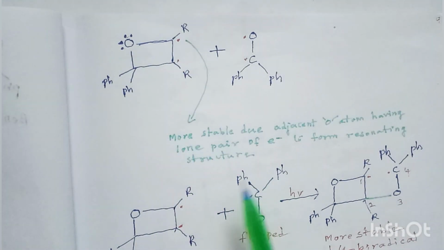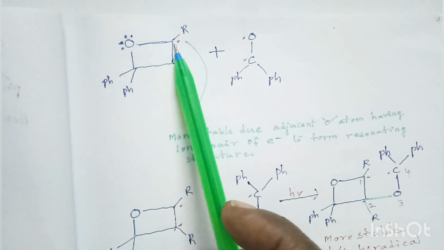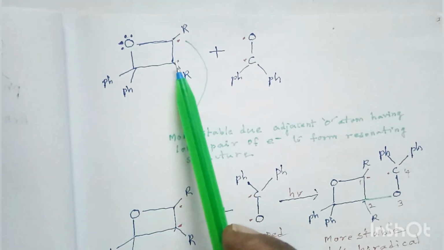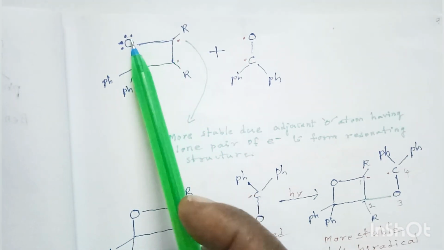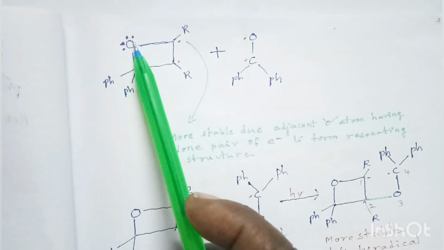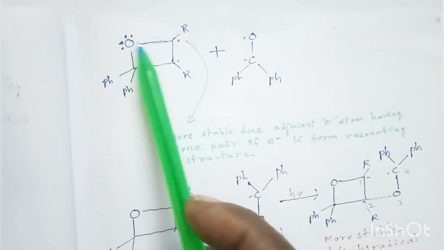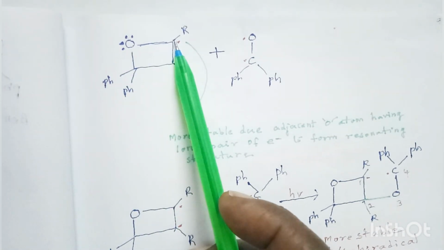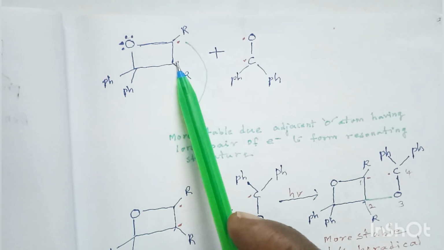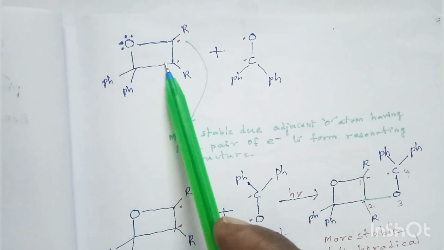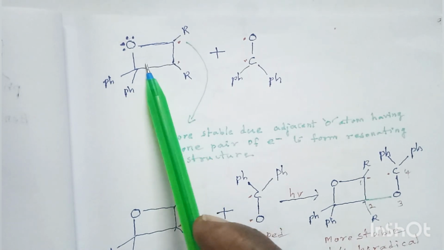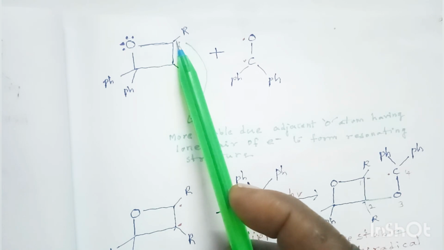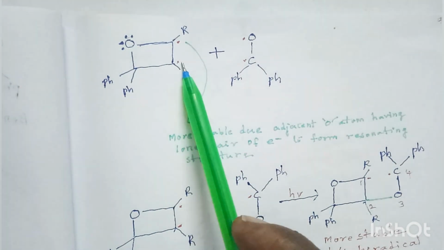So here this radical is more stable because the adjacent oxygen has lone pair of electrons to donate to form a resonating structure, whereas this radical does not have such facility. So this radical is more stable. This radical is less stable.